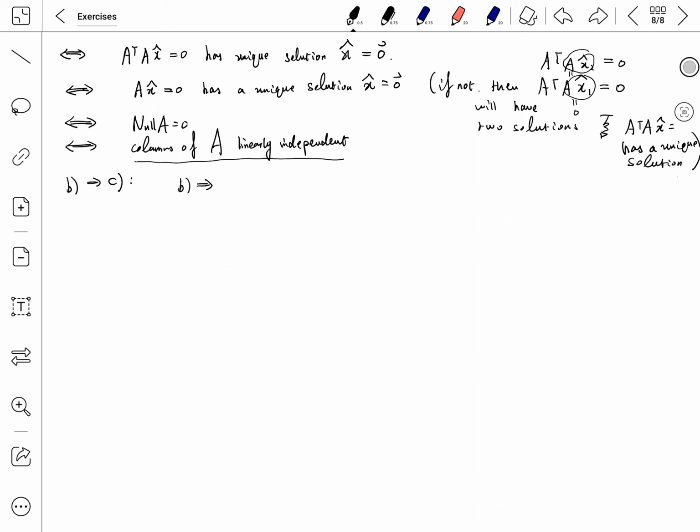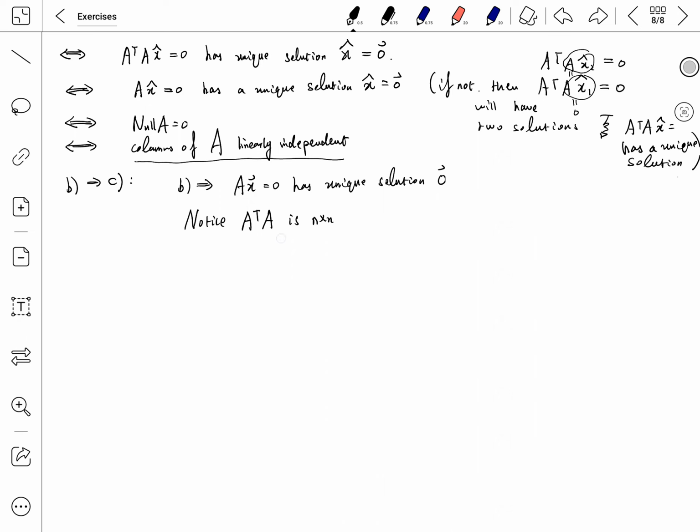Columns of A being linearly independent implies Ax equals 0 has a unique solution, which is 0. Notice that ATA is square.